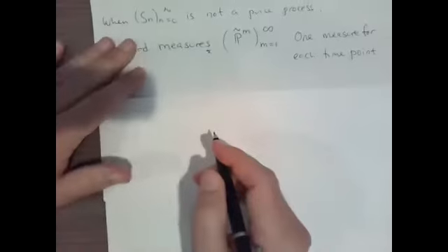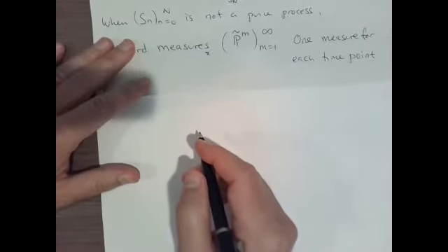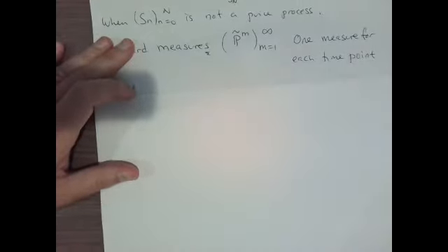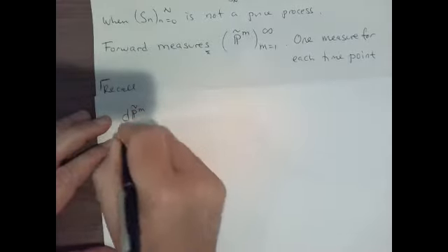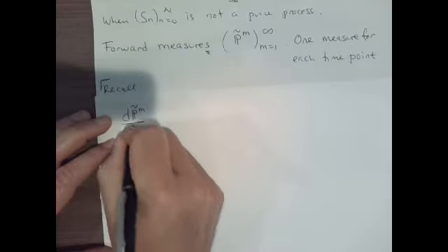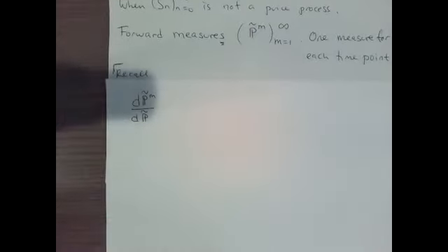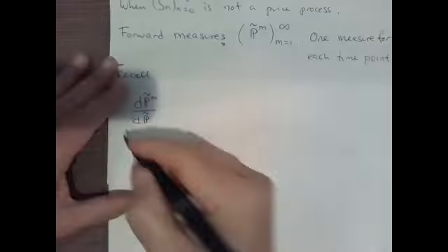So the way that it's going to go is that we're going to define dP tilde M over dP tilde. This is the Radon-Nikodym derivative of the forward measure with respect to the martingale measure P tilde. So there's no P here.